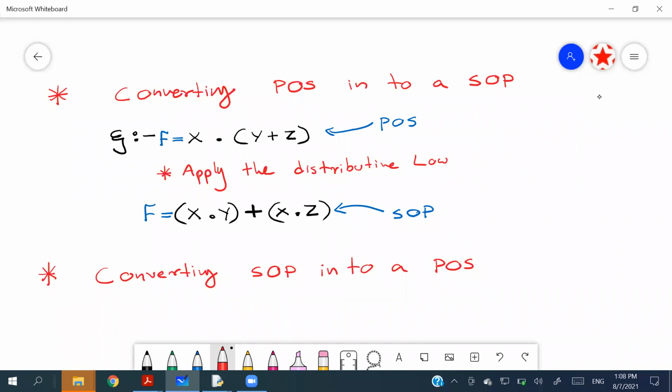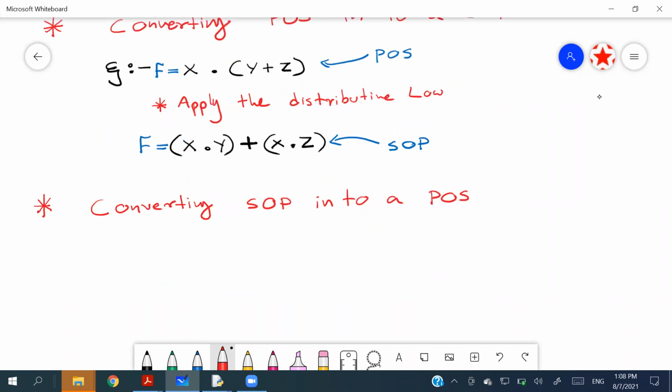Right? So I'm going to take the very similar SOP that I received, x dot y plus x dot z.